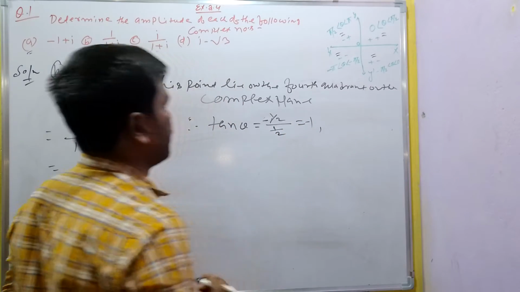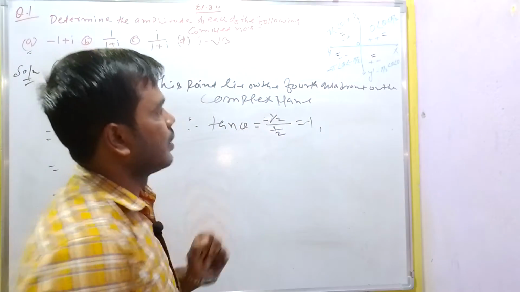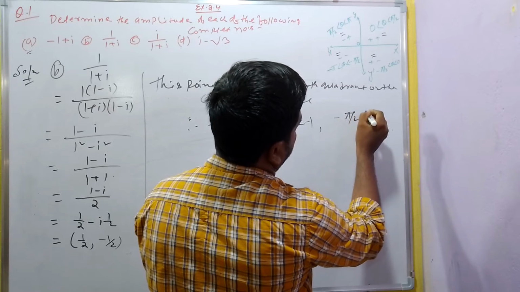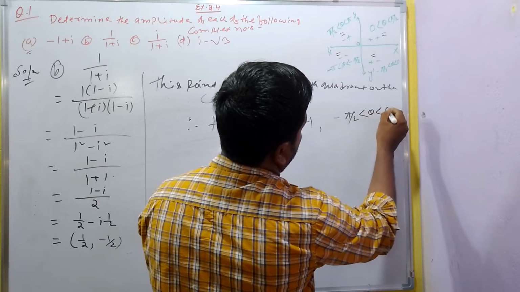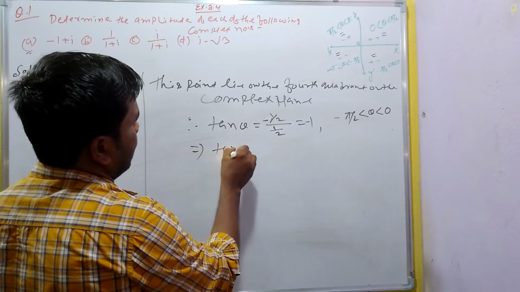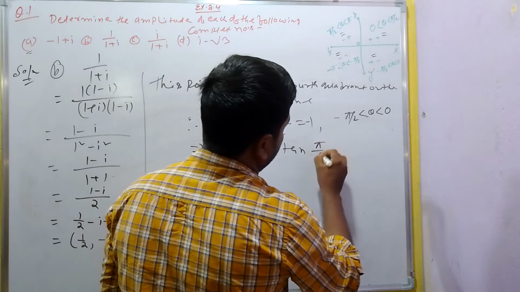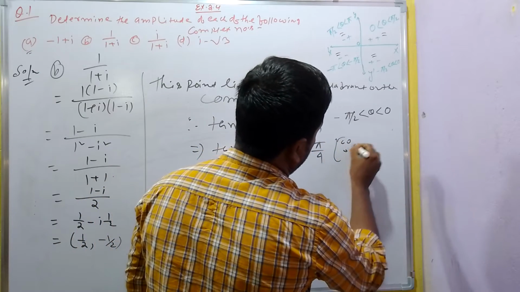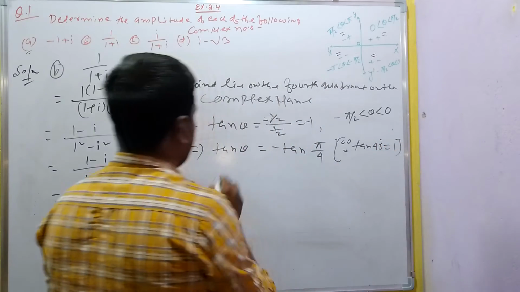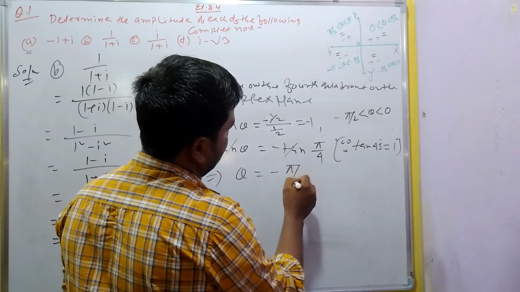Since this point lies on the fourth quadrant, you have to write minus pi by 2 less than theta less than 0. Therefore you have to write tan theta equals minus tan pi by 4, since tan 45 equals 1. Now cut this one, so theta equals minus pi by 4.